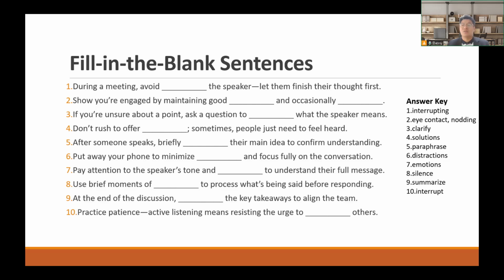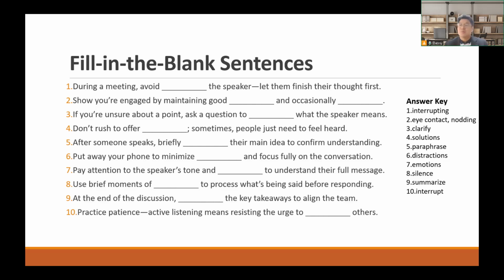Number seven, pay attention to the speaker's tone and emotions to understand their full message. Number eight, use brief moments of silence to process what's being said before responding. So you have to learn how to wait. Number nine, at the end of the discussion, summarize the key takeaways to align the team.